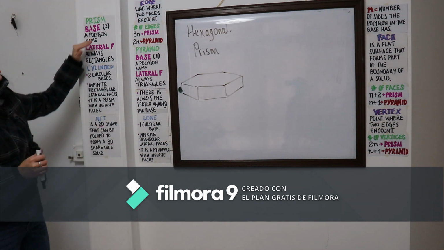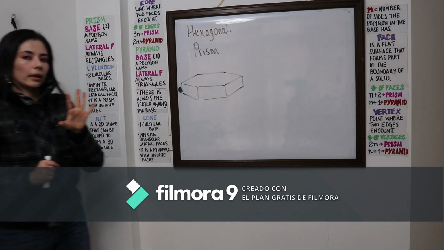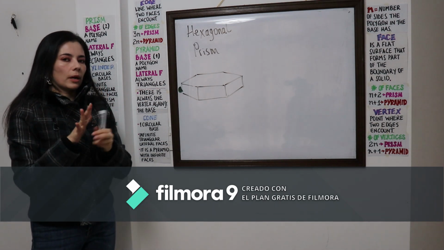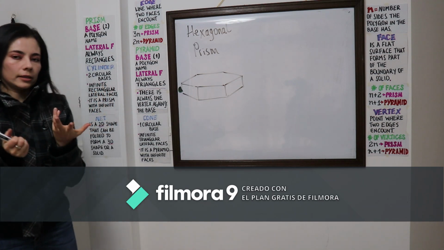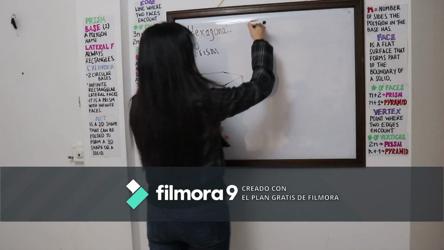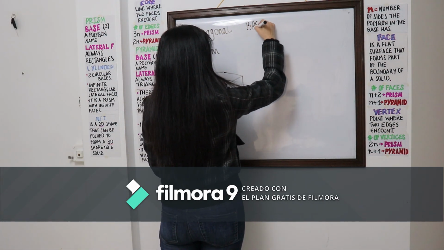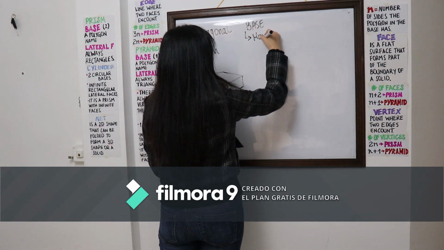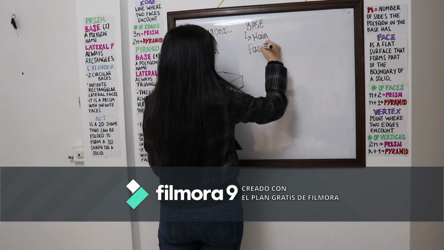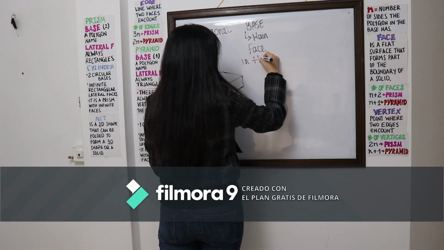Now, prisms have two bases. We need to keep that in mind. A base is pretty much the main face of the solid. So if you think about a base, think about it as the main face in the solid, okay?